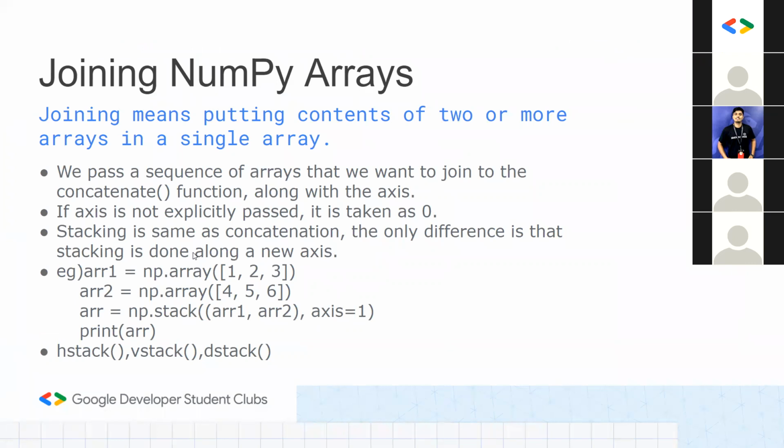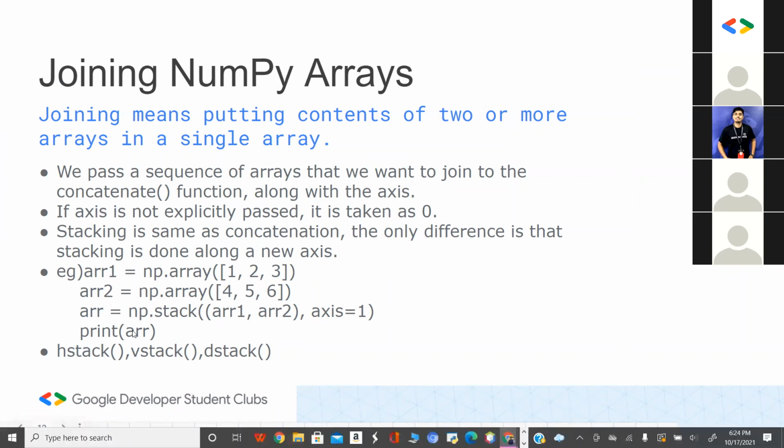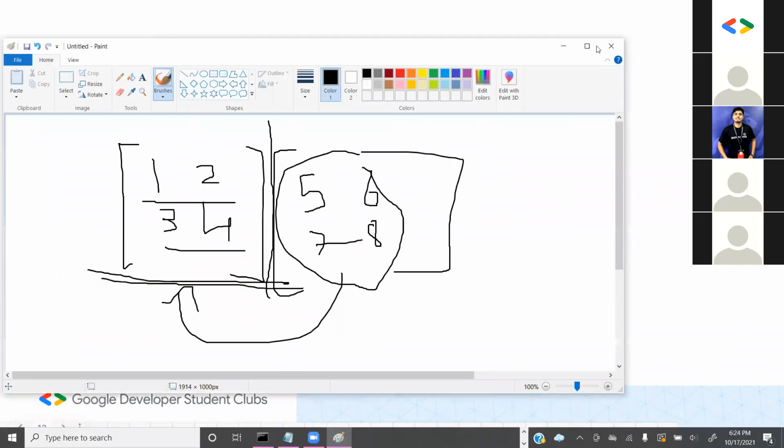Now stacking. Stacking is the same as concatenation. The only difference is that stacking is done along a new axis. So let's take an example. Let's consider the same example here.